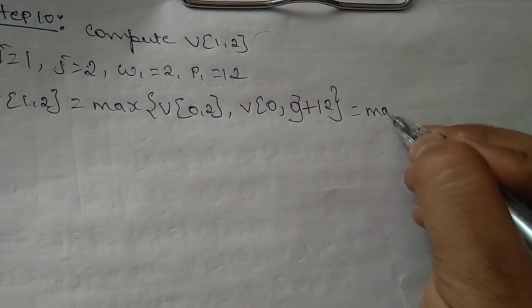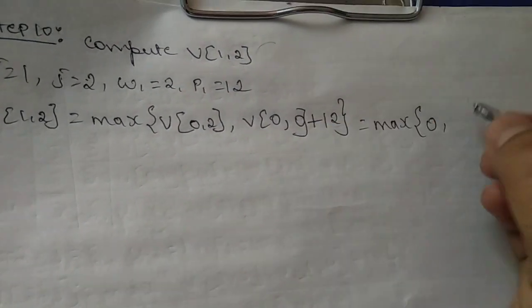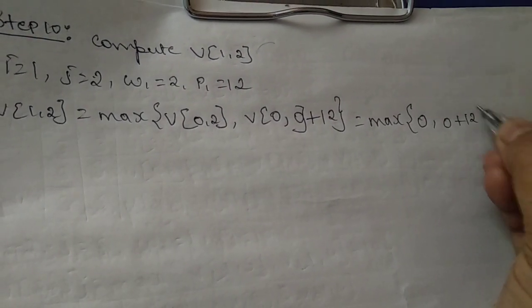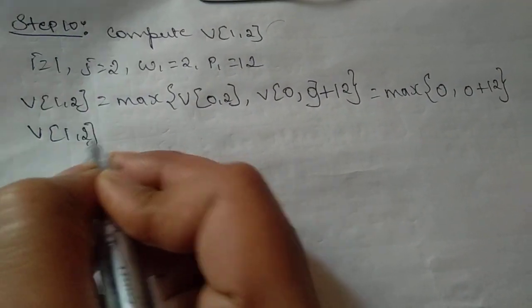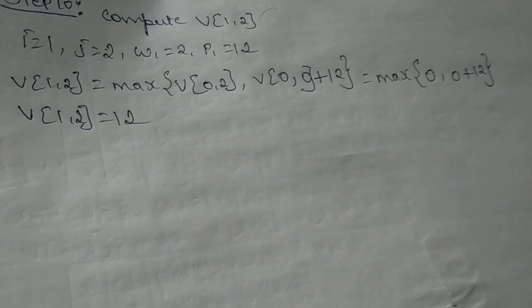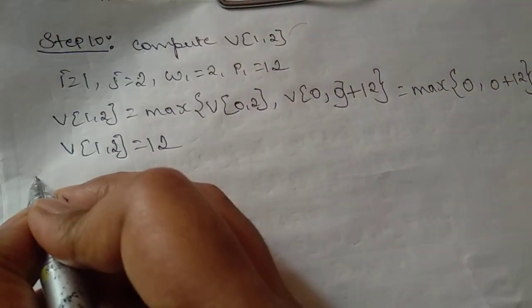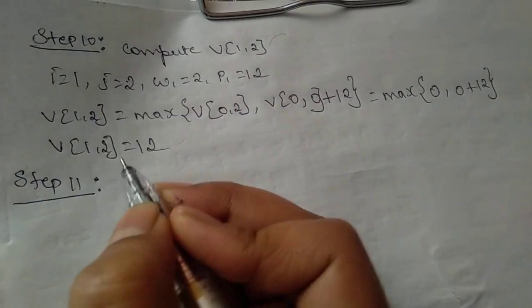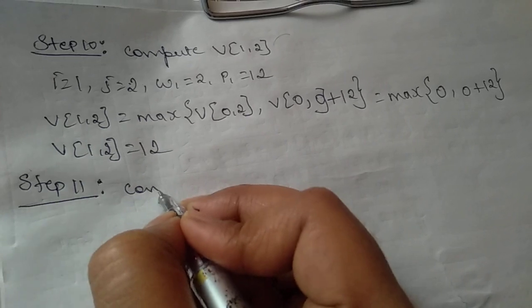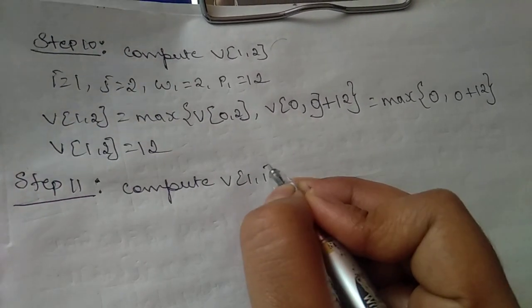So here also max of v of 0 comma 2 is 0, v of 0 comma 0 is 0 plus 12. So v of 1 comma 2 value also we got, it is 12. Is it not? After v of 1 comma 2 you have to find out v of 1 comma 1. Compute v of 1 comma 1.